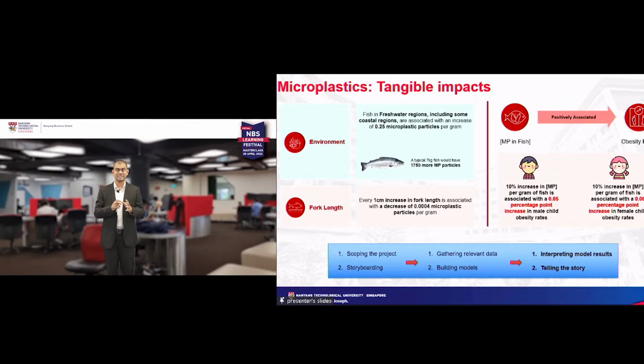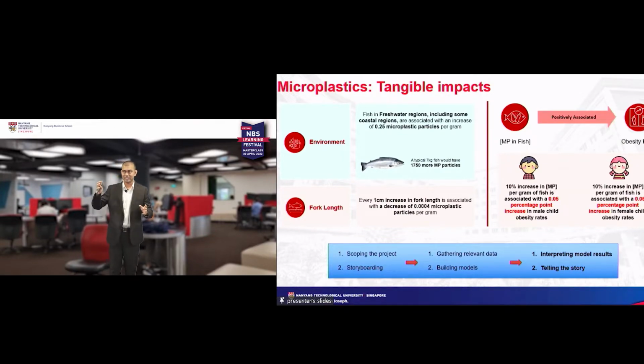And to a lesser extent, another factor that we found was the size of the fish. And this means that we observed bigger fish having lower microplastic concentrations. But as you can see, the difference is very small, but at the same time, it is quite intuitive. It intuitively makes sense.